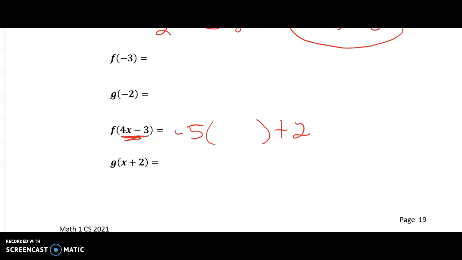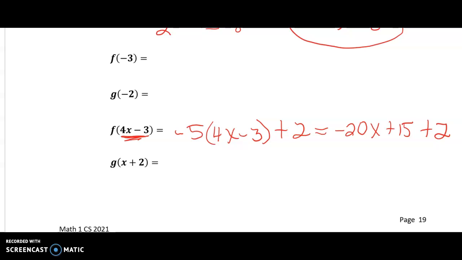The x in the f of x function is next to the negative 5, so next to the negative 5, we're going to plug 4x minus 3. The input is an algebraic expression. Now we evaluate.